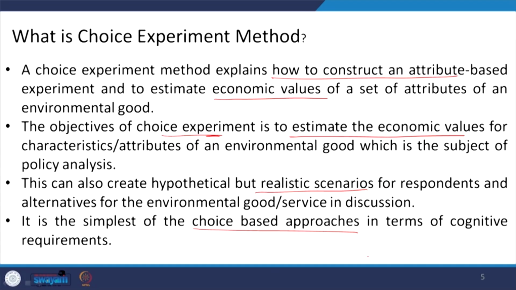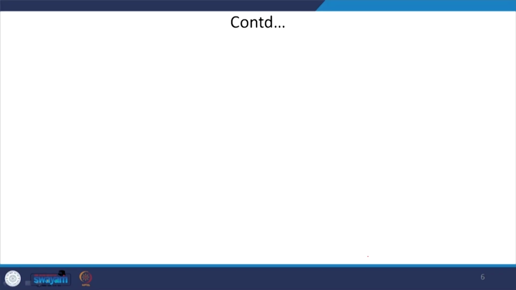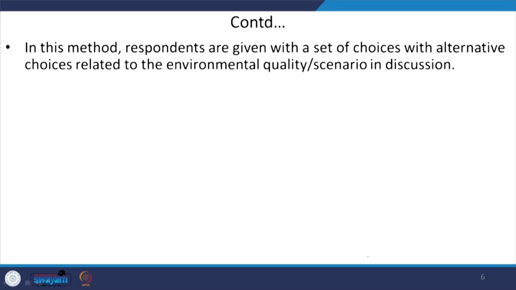So, that is why this choice experiment is one of the simplest methods in terms of cognitive requirements as well. And moreover, in this method, the respondents are given a set of choices, as you understand from the very meaning of the method, choice experiment.